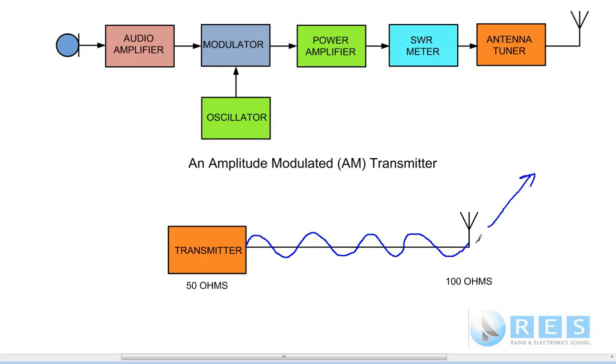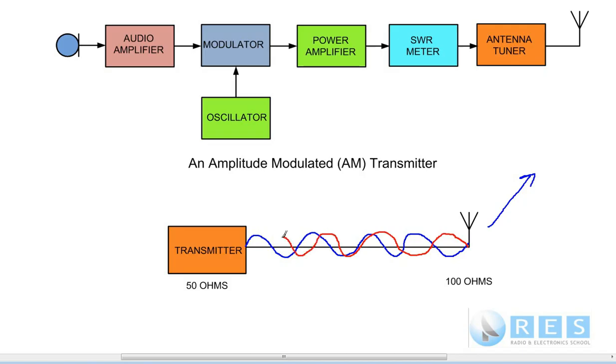If when the wave arrives, it finds out that the impedance here is not the same as the impedance of the transmitter, some of our forward wave will be transmitted and some of it will be reflected back to the transmitter, and it won't be in phase with the wave that created it.